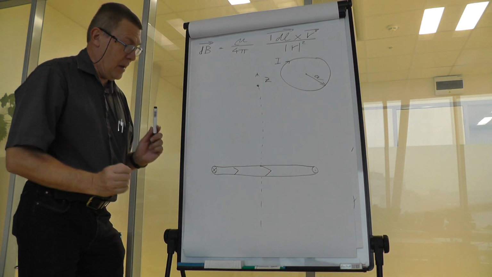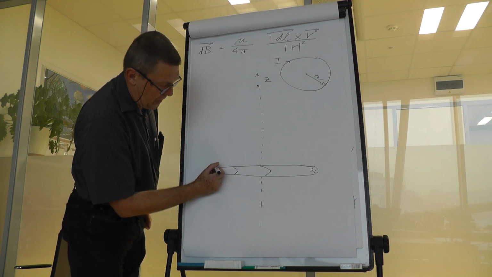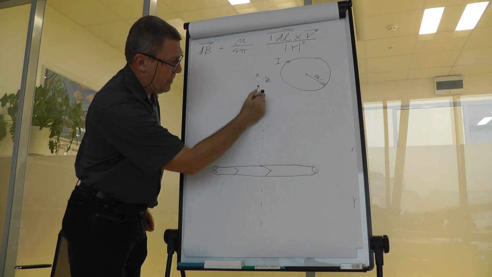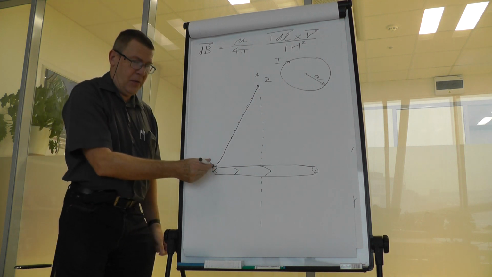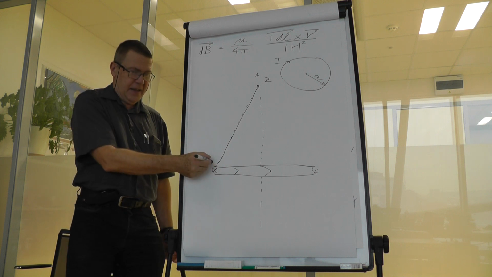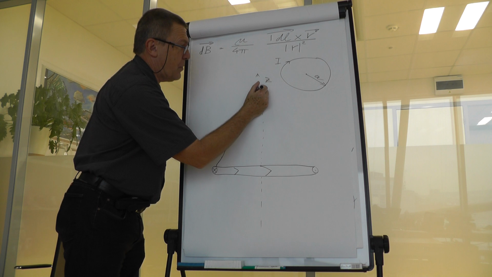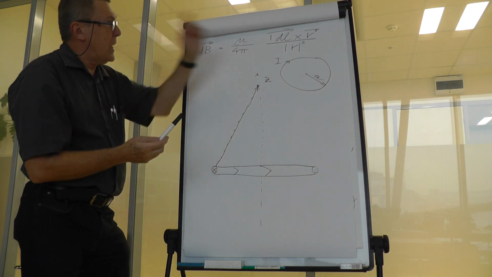Now, for any of those, there is a radius vector. I will draw one of them. So this is a radius vector that connects this element of current, just pointing inside the paper, and this is the radius vector. It points there. So now look at the equation.